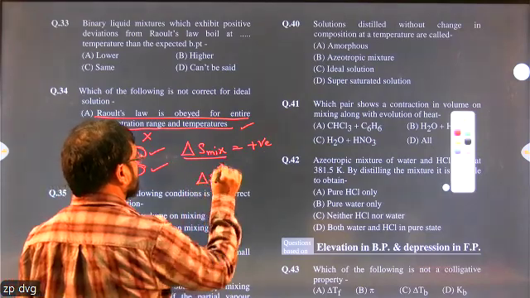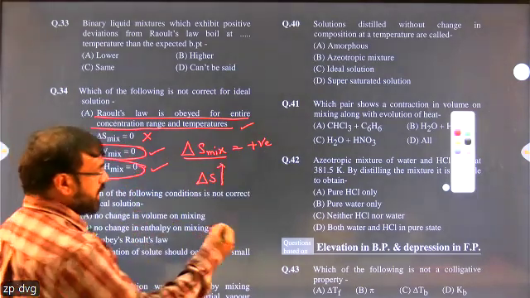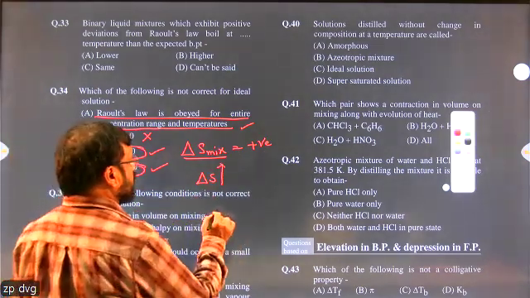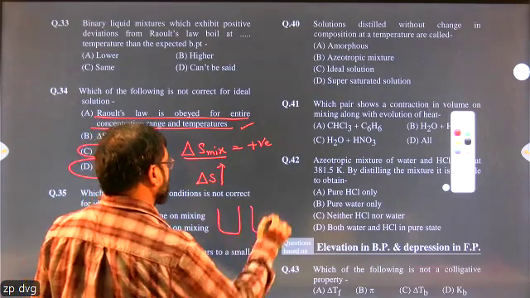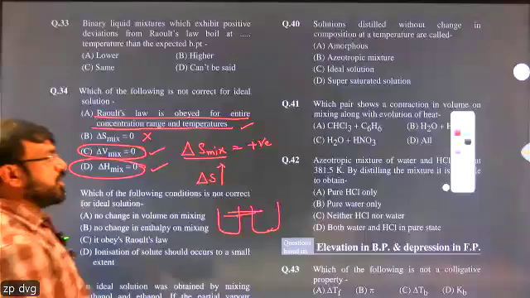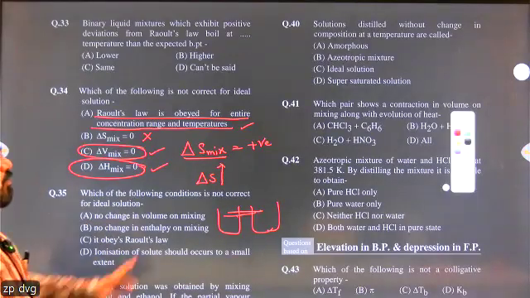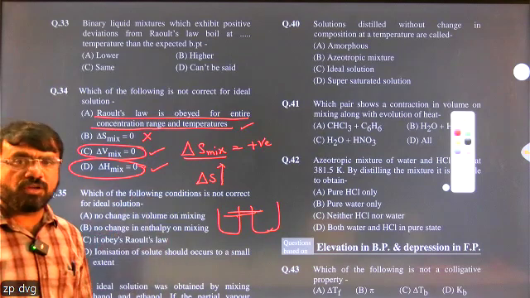Entropy increases if we prepare a solution, either an ideal solution or any other, by mixing the substances. Its interactions will change, and that is the reason entropy will change.